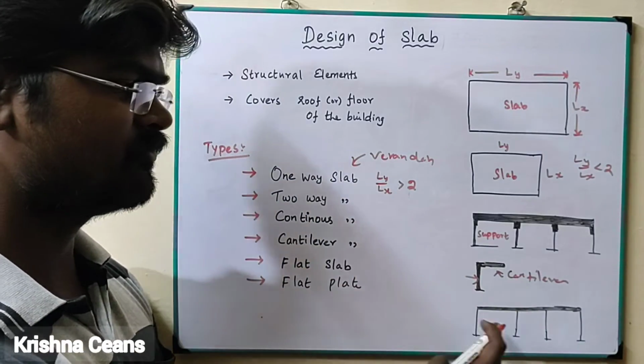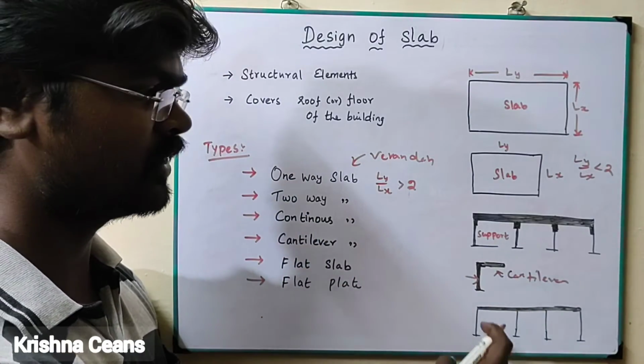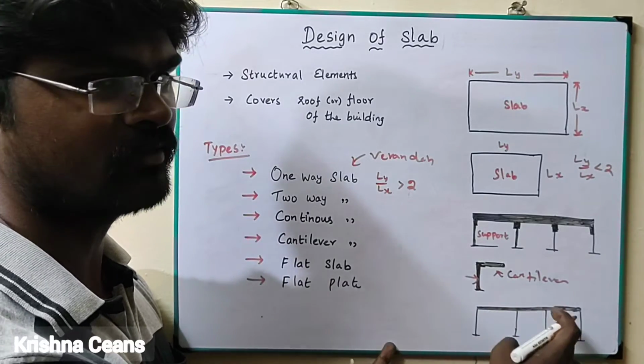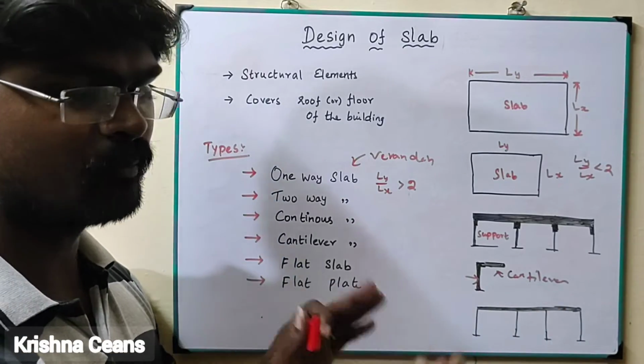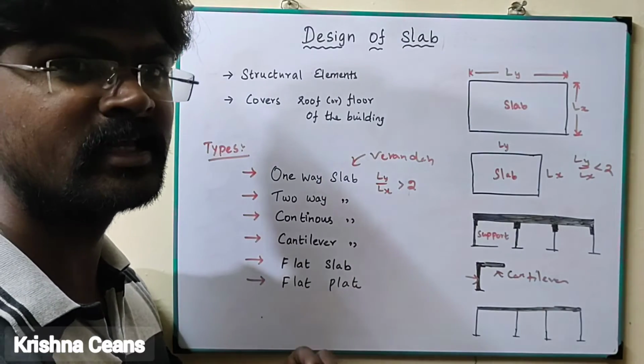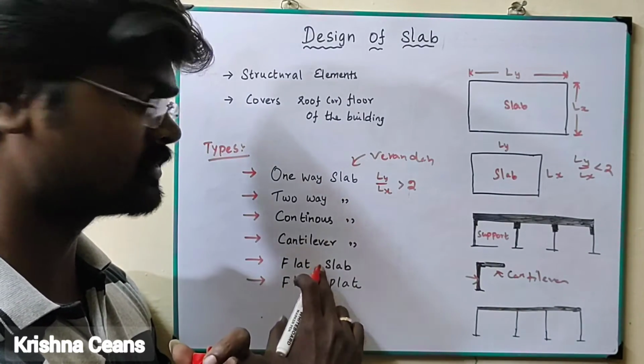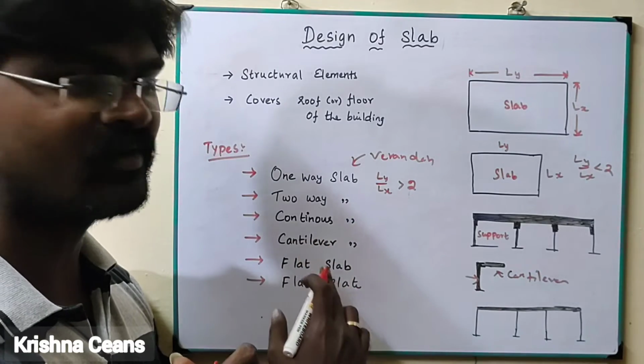Then a flat slab is a slab without projection of beam. When we need more ceiling space, then only we go for a slab without beam, which we consider as a flat slab.